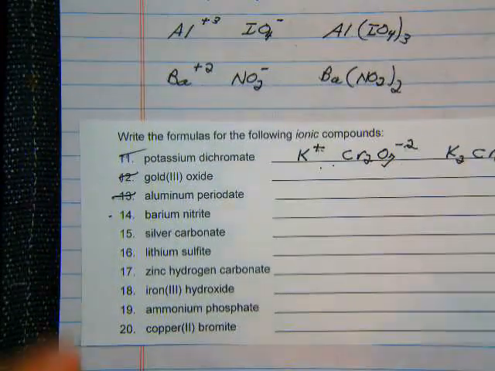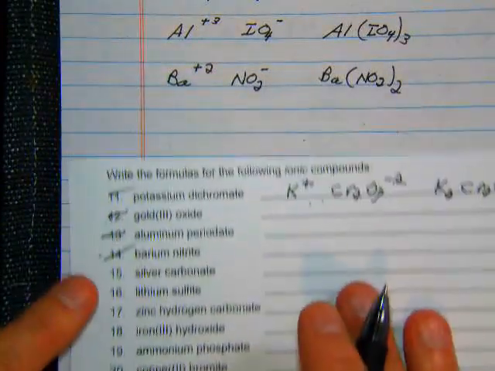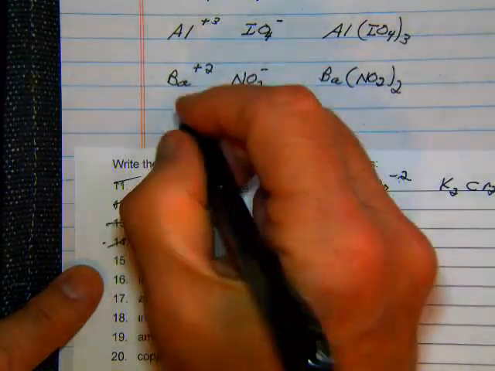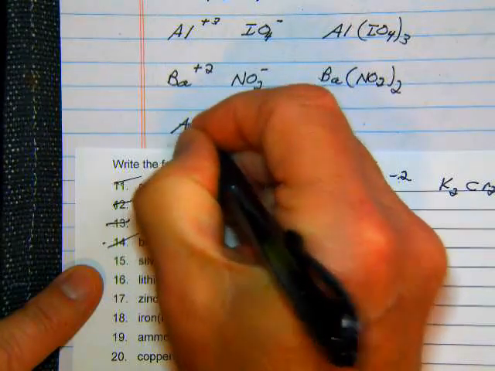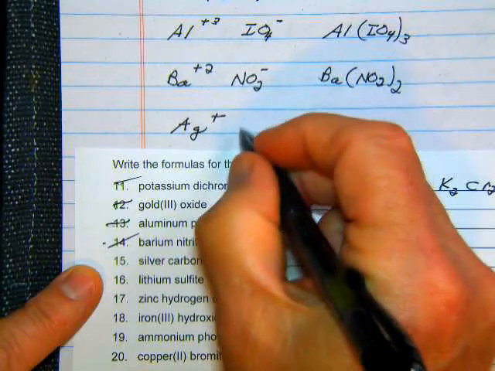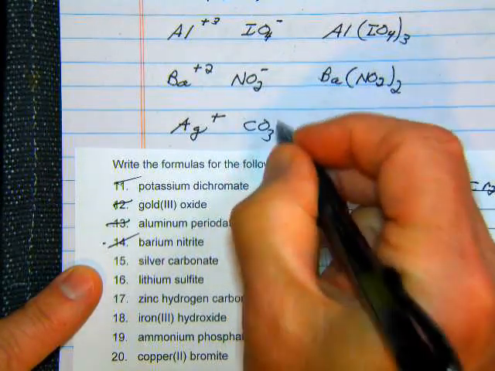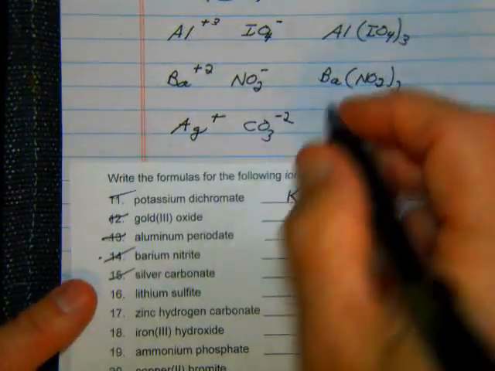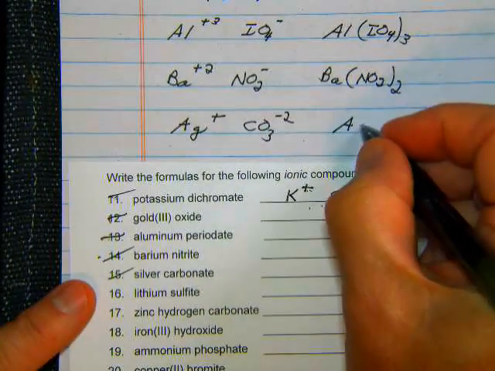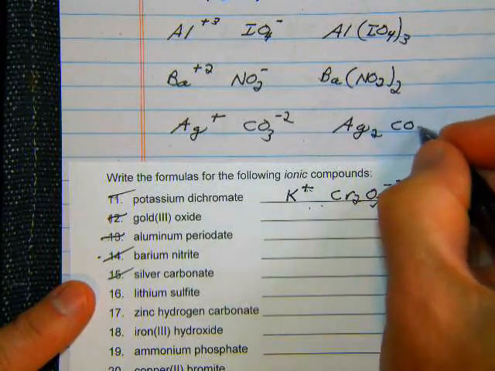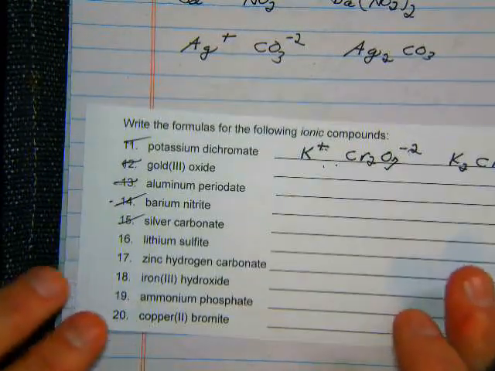All right. Moving on down, let's do silver carbonate. Silver is Ag and has a +1 charge. Carbonate, CO3, with a -2. So we could do our swap and drop. So we have Ag2CO3, silver carbonate. All right, let's go on down to the next one.